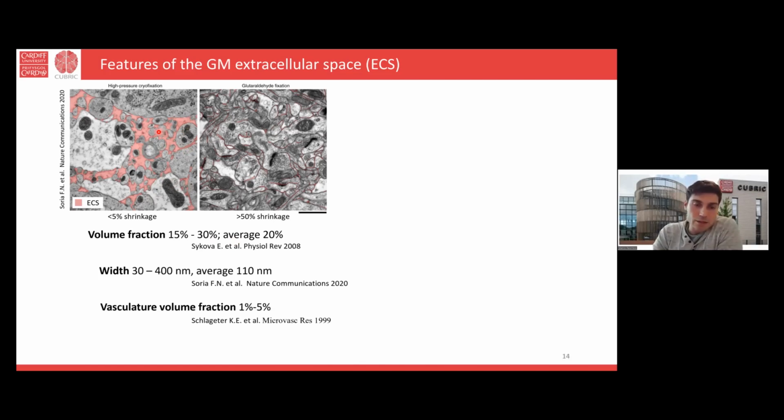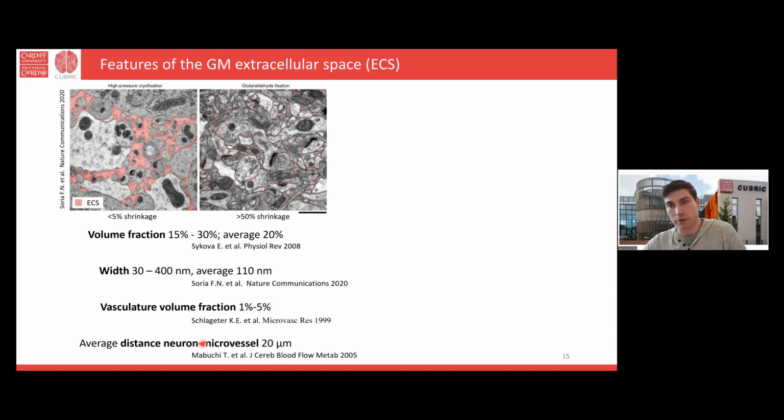And within the extracellular space, we also have vasculature, as I said, between 1 and 5%. The average distance between a neuronal cell and a microvessel is about 20 microns. Although they are not that dense in the tissue, it's actually quite easy to find a vessel near a neuron. So they are everywhere, basically, although they occupy a small fraction.